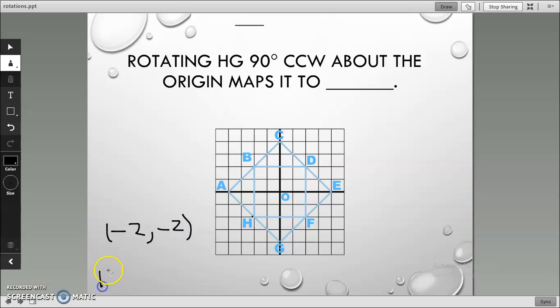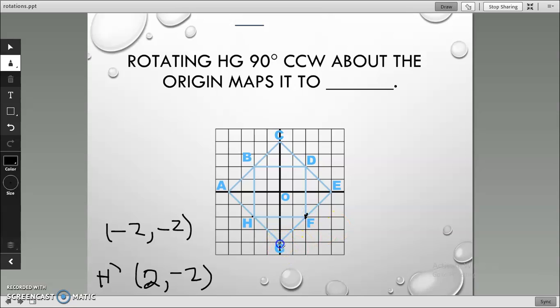And if I do a counterclockwise rotation of H, that is going to give me the opposite y, which is 2, and the x, which is -2. And what point does that take us to? To -2. We have 1, 2, 1, 2, so it comes over here.